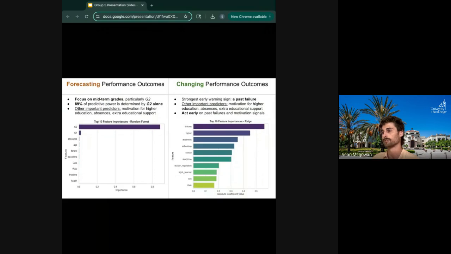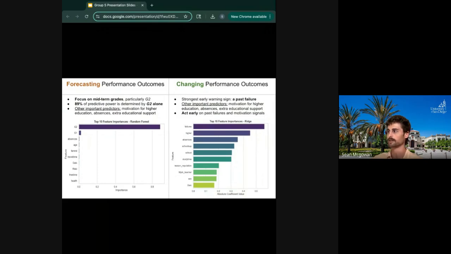The strongest early warning sign after G1 and G2 were removed was a history of past failure. Next came motivation, which is whether a student planned to continue education or not. And attendance we found still mattered, now emerging as a behavioral signal and not just an academic one.